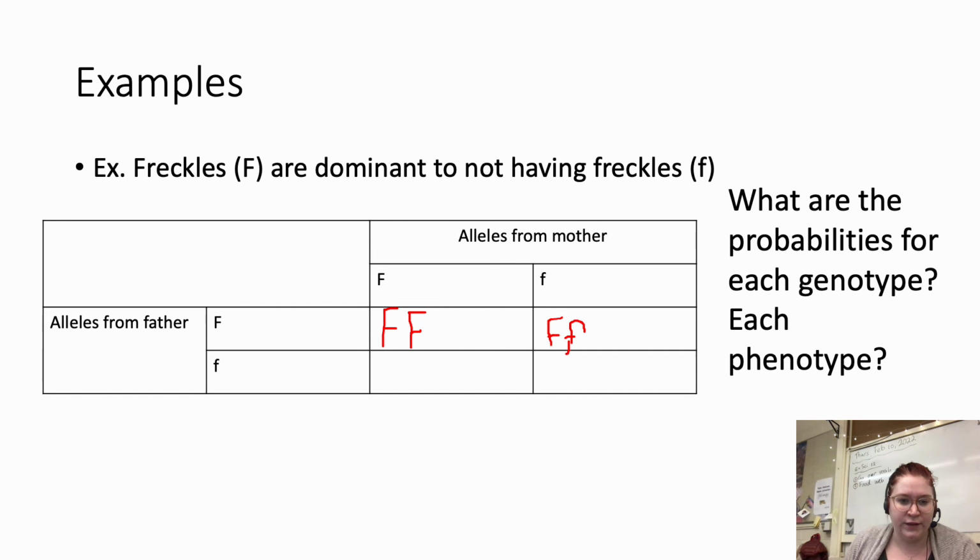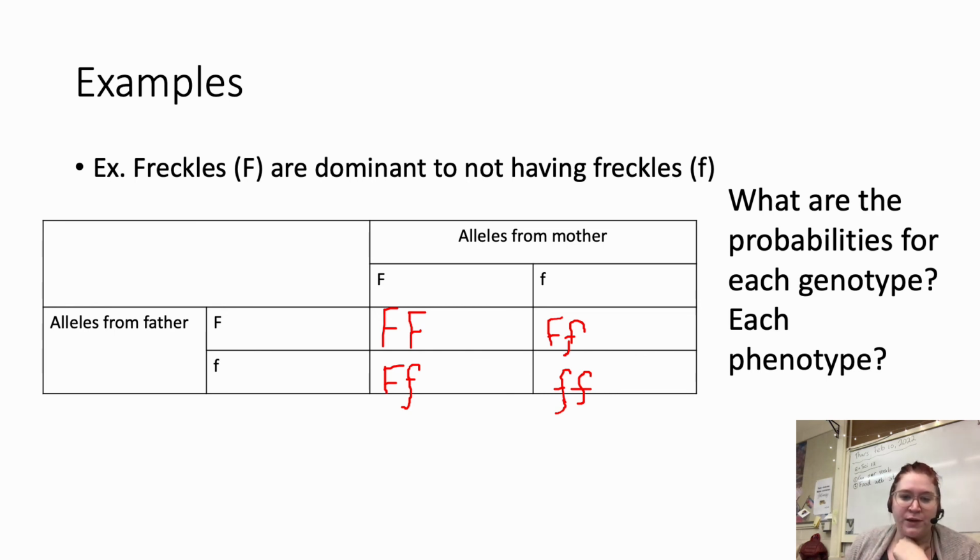I'm going to add a little tail. Okay, this one also has a big F and a little f. So we write big F and then little f. And this one has 2 little f's. Forgot my tail. Okay, so it's homozygous recessive.